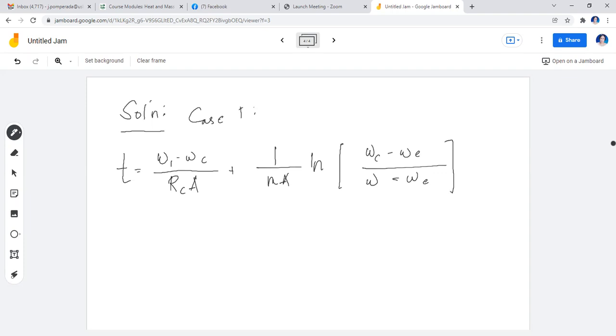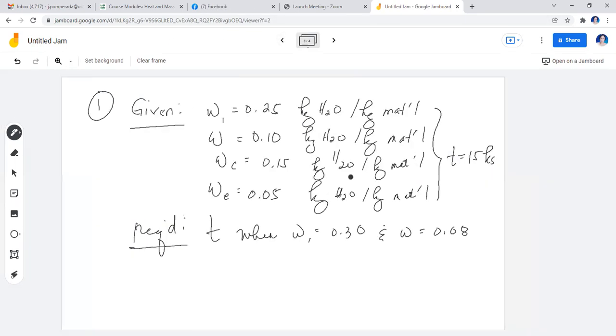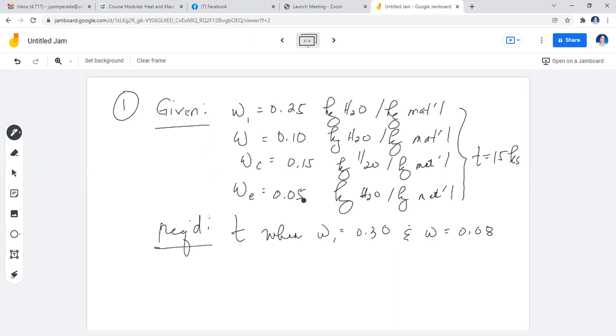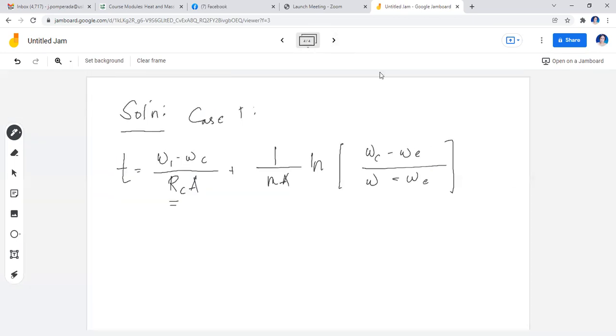Okay, now, is there a mention about R sub C in the problem? The rate for drying. So based on what I have written here and based on the problem that was read a while ago, there was no mention of the rate of drying. So it's just appropriate that we will change the R sub C here to its equivalent expression. So we'll have this one.